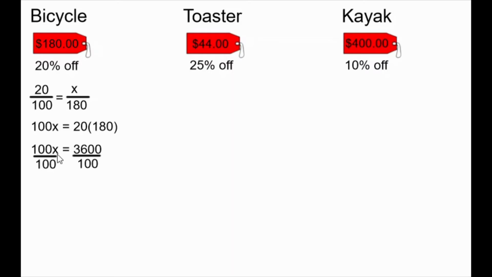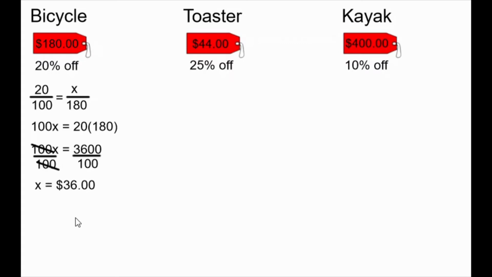But we want our x isolated, so we divide both sides by 100. These hundreds cancel. Our x is isolated and is equal to 3600 divided by 100, which is $36.